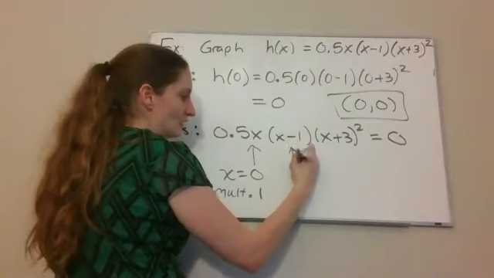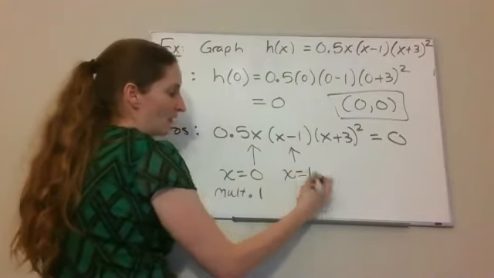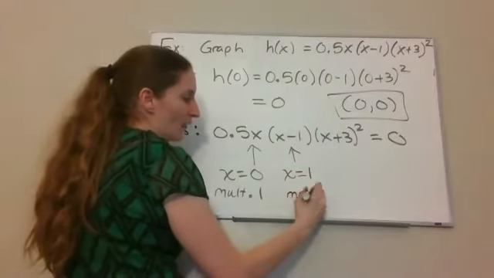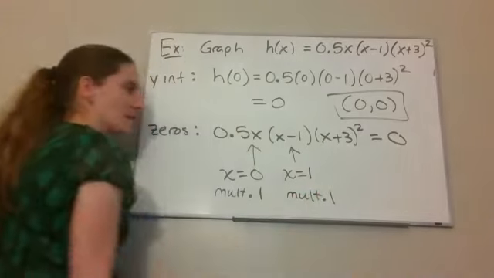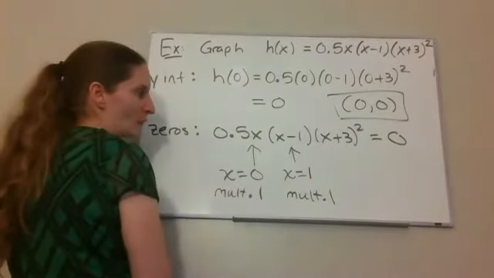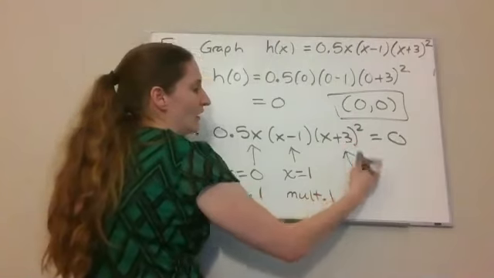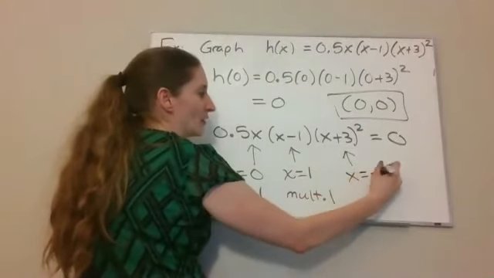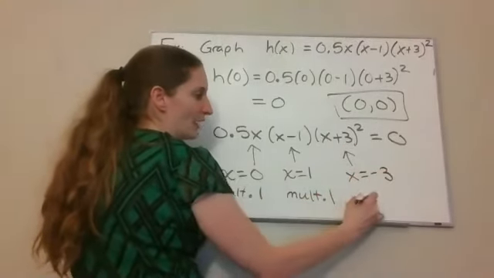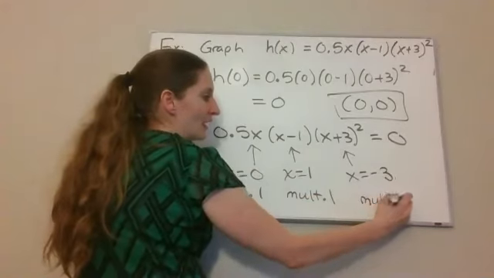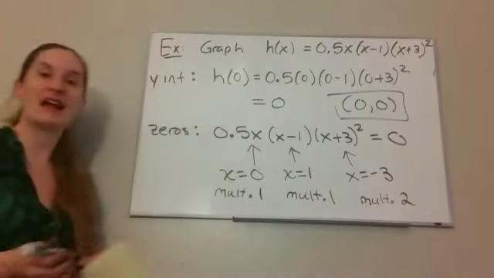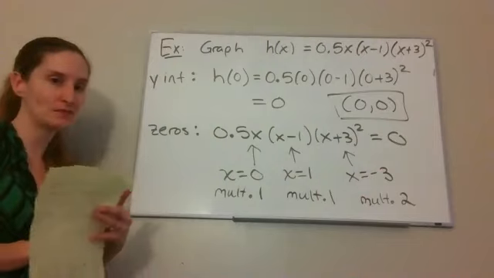This factor gives me a 0 of x equals 1, also has multiplicity 1 because there's no exponent on those parentheses. And this factor gets me a 0 of x equals -3, but this one has multiplicity 2 because it has that second power on it.